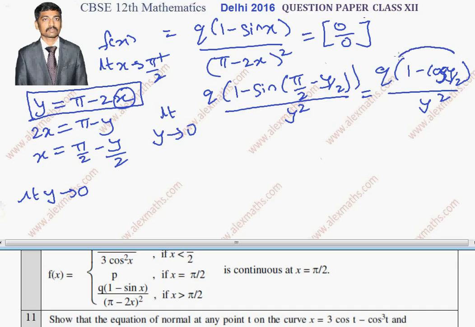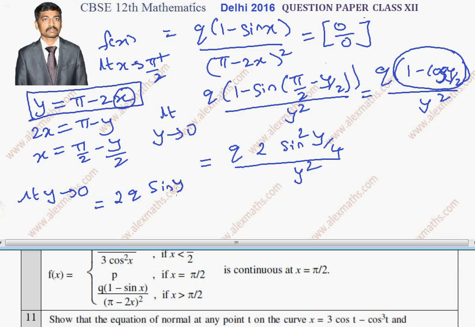If I apply the 1 minus cos theta formula, 1 minus cos theta is 2 sin square theta by 2. So 2 sin square y by 4 whole divided by y square. For convenience, I will write sin square as sin y by 4 into sin y by 4 twice, whole divided by y square as y into y. Now I put 4 and by 4 so that this whole thing becomes 1 because sin x by x is 1.